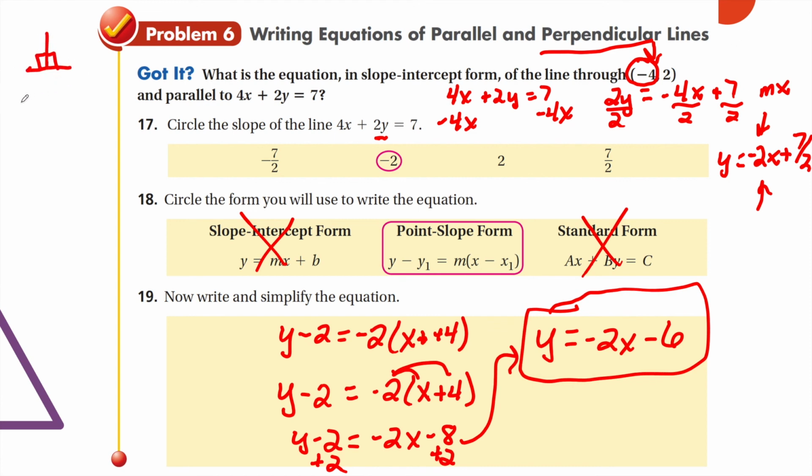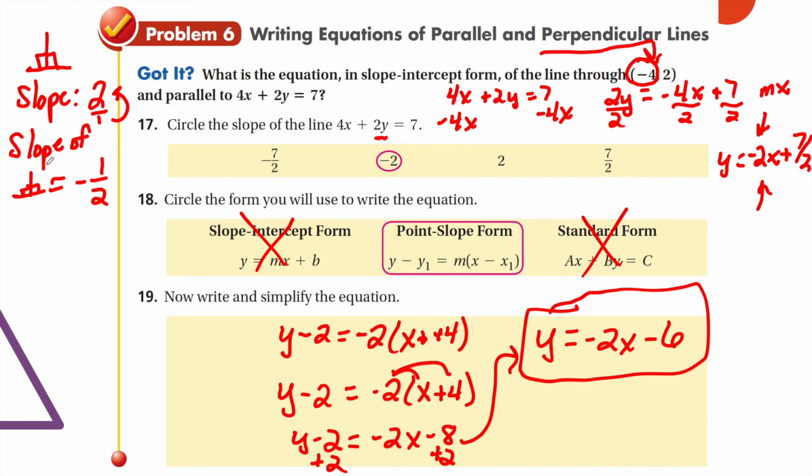All right, I know that the slope for the very first line was a 2. The slope of the perpendicular line is going to be its negative reciprocal. So the positive goes to negative, and the reciprocal means that instead of it being 2 over 1, which is the whole number, it now gets flipped and turns into 1 over 2.